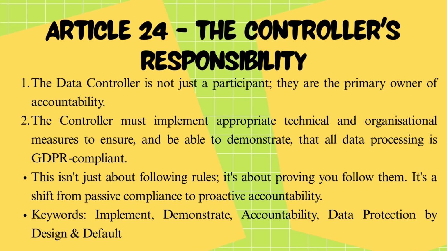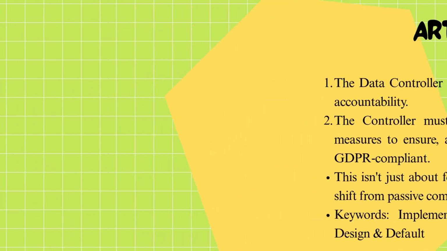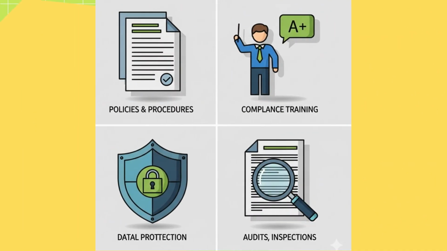So, as a controller, your two key jobs are to implement effective measures and be ready to demonstrate them anytime to a regulator, partner, even a customer. Think of it as being ready for a surprise inspection. You don't panic if you have been doing things right all along.